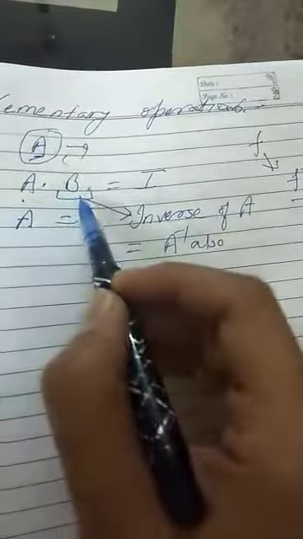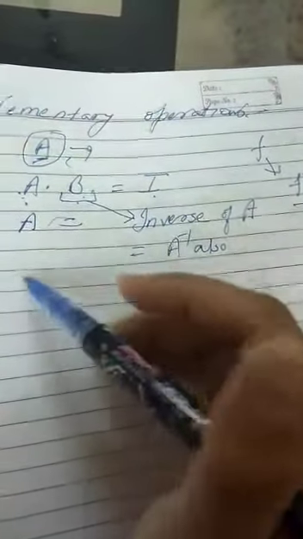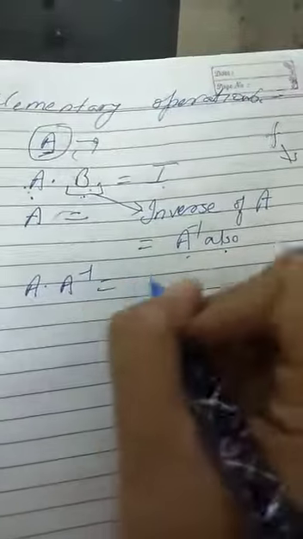It is just like if f is a function, the inverse of f can be written as f inverse, f raised to power minus 1. Not that it is the power, but this is the way to write it down. The same thing, if A is a square matrix, B is the inverse of A such that the product is equal to I, so this B can be written as A inverse. It means A into A inverse is equal to I, right?